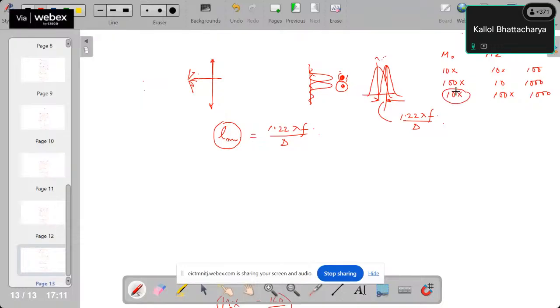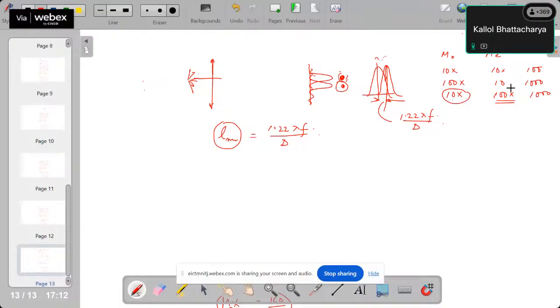A 10x objective has a smaller numerical aperture. But you are trying to visualize larger details because it's a 100x eyepiece. So it's like when you take a photo on a mobile phone and you keep on zooming and zooming, you will only see a big pixel with no details in it.